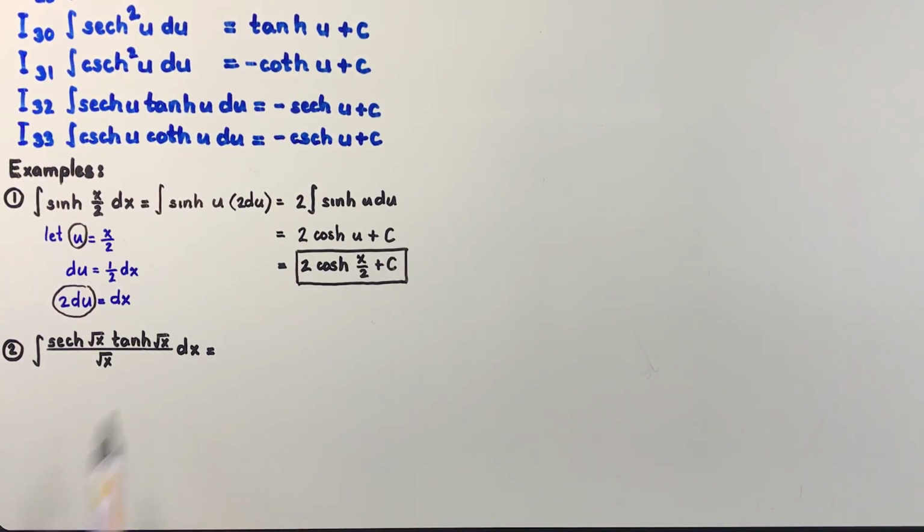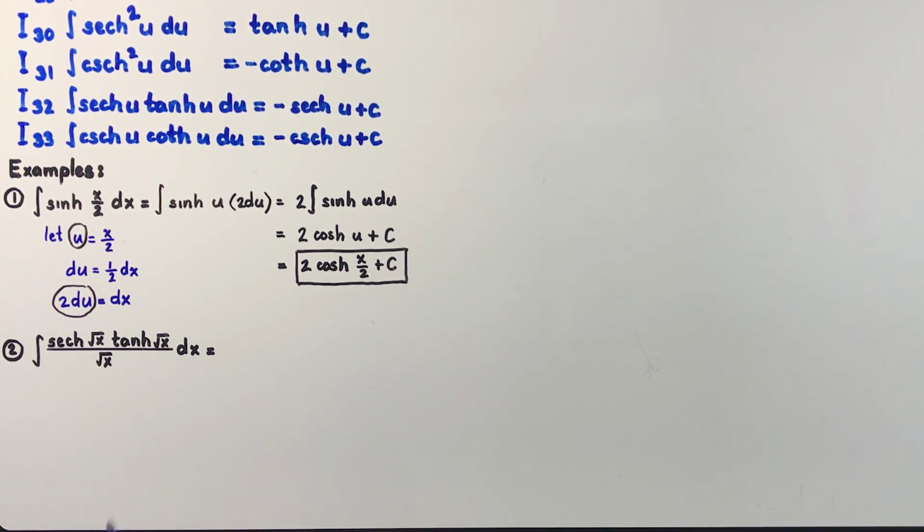So number 2, what is the integral of the hyperbolic secant of the square root of x times the hyperbolic tangent of the square root of x all over square root of x dx?